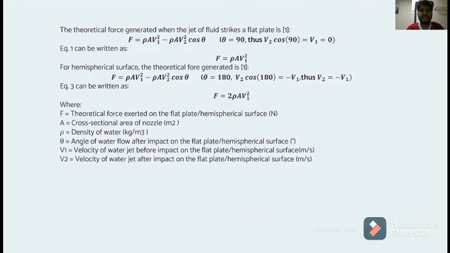Since it's 90 degrees, V2 will be 0, as cos 90 is 0. So for a flat surface, we have F equal to rho A V squared, where V is the initial velocity, V1. For semi-spherical, we have F equal to 2 rho A V squared of the initial velocity.